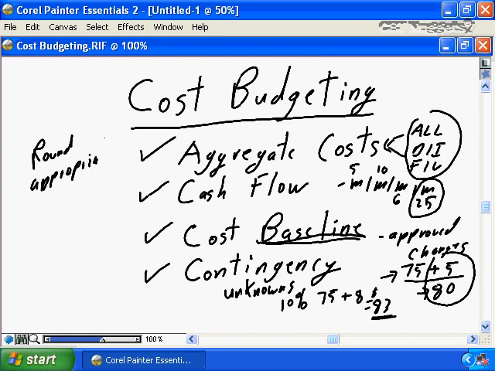To the nearest thousand, or possibly for very large projects, it's to the nearest 10,000 or so on.